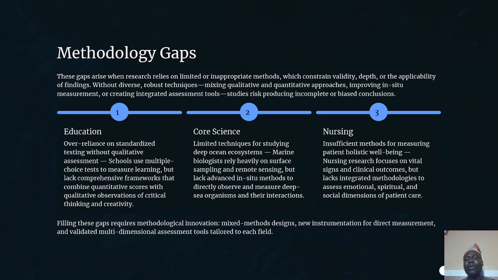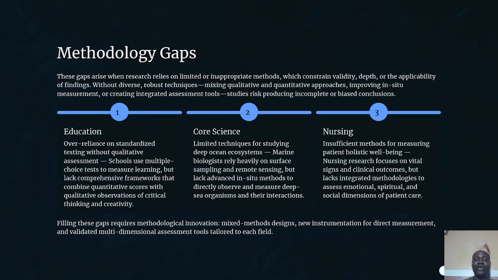It could be producing a new instrument. So the methodology gaps are interested in producing a kind of result that will actually bring about what I can call a new way of doing that particular research.